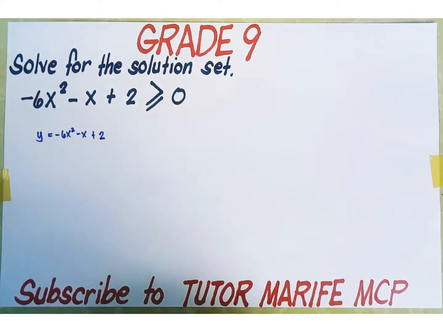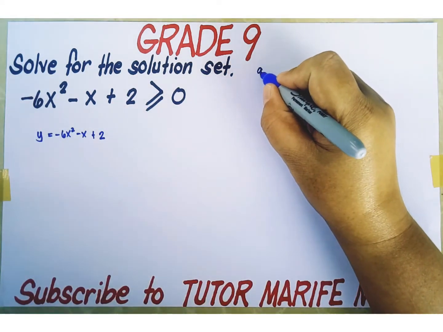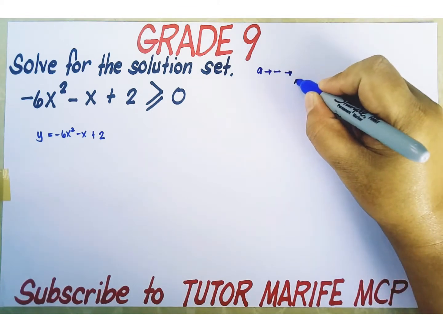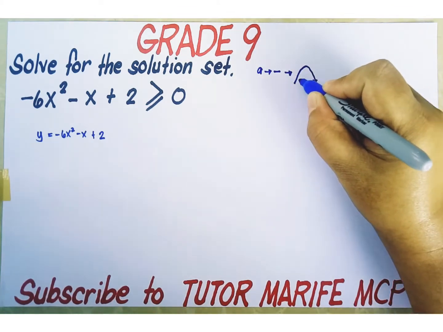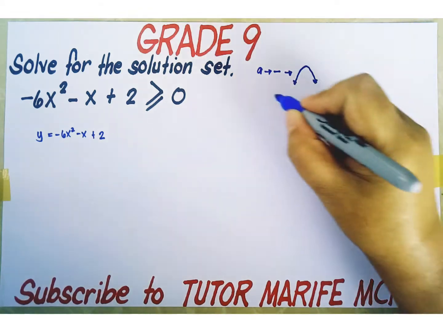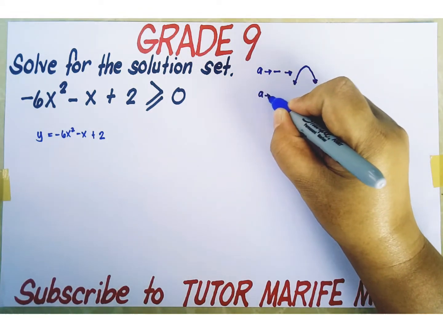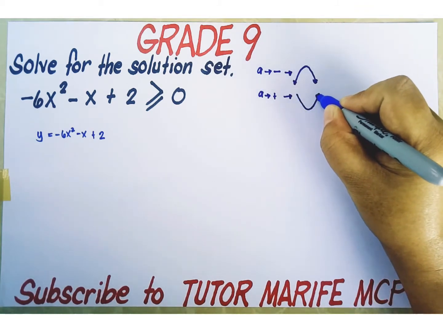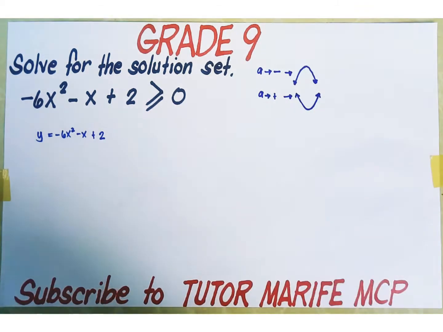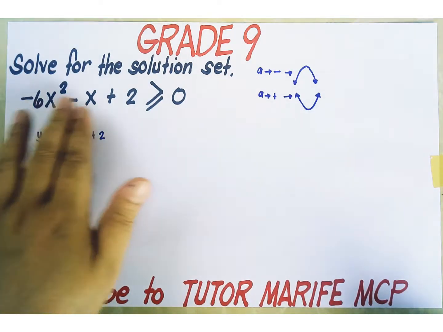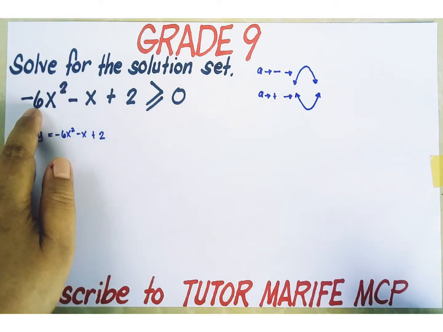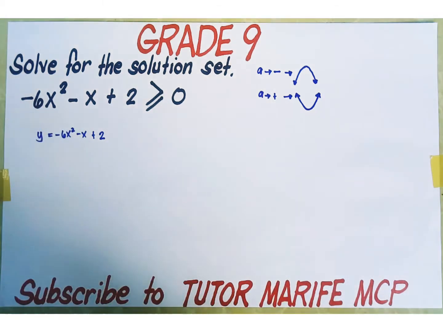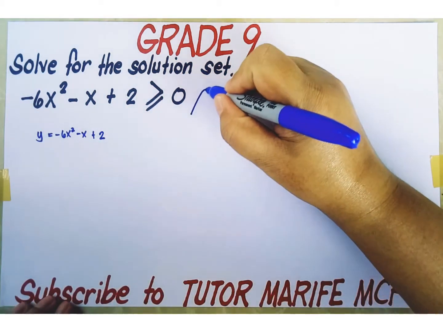It's negative 6. If a is negative, the parabola opens downward. If a is positive, the parabola opens upward. So in this case, a is negative, therefore we have a parabola that opens downward.